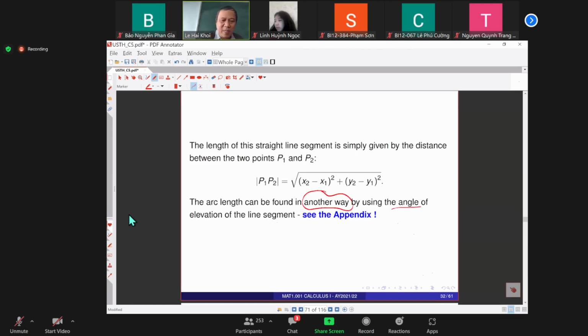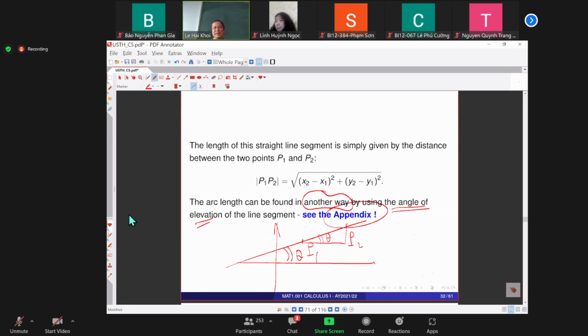What does it mean? You can think about this P1 and P2 as I write here. You can think about using this theta, which is that angle, that you can also use to have the length or distance from P1 to P2.